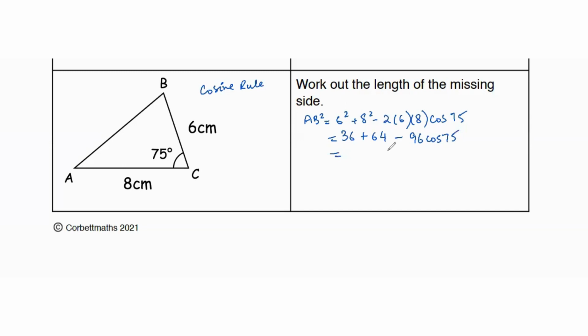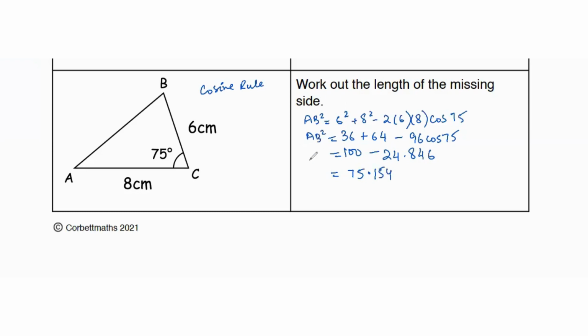That's 24.846. Subtract that from 100, which gives 75.154.